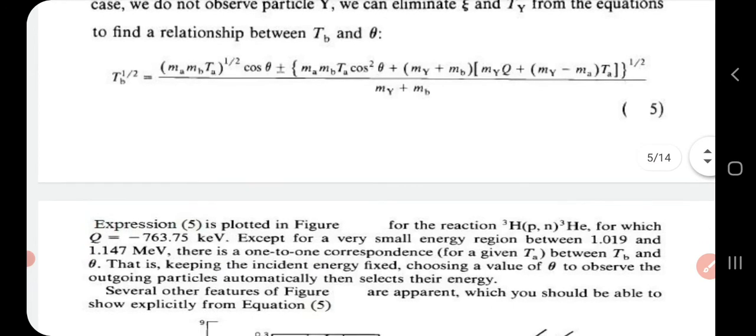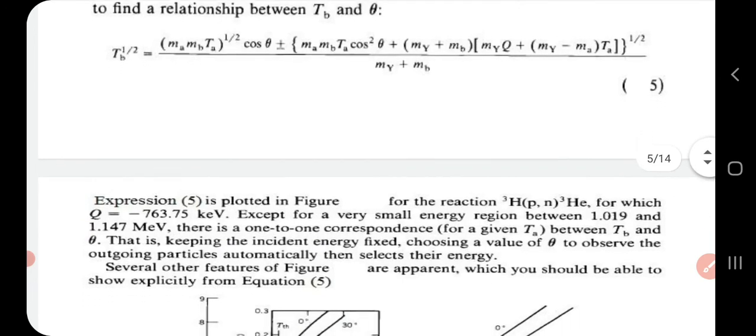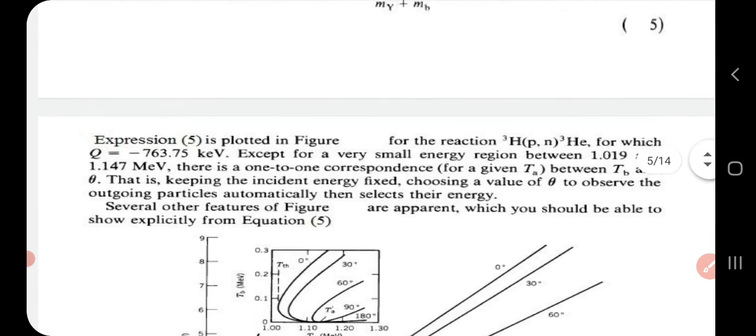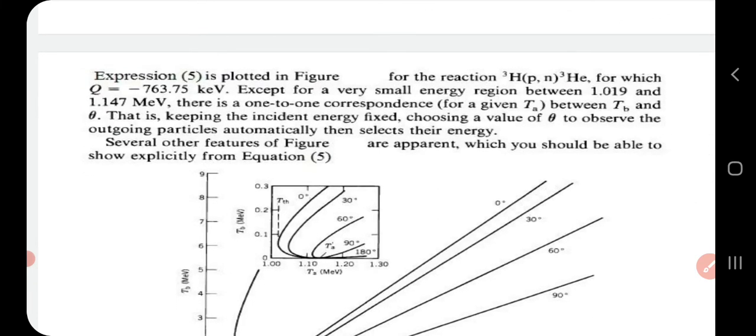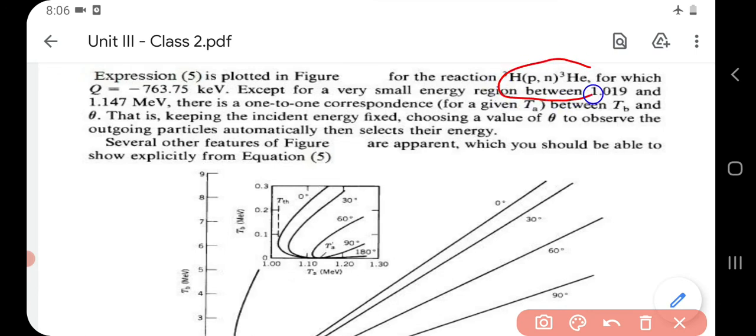So this equation 5 they have plotted in a figure for this reaction, and they have explained the knowledge I am presenting.